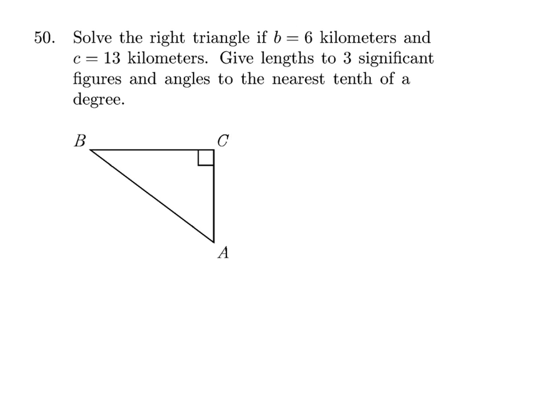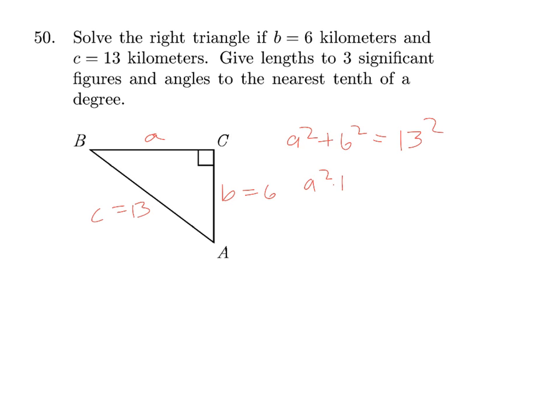Solve the right triangle. If B is equal to 6, and C is equal to 13, I've got to find all the missing parts. I'm going to figure out what lowercase a is. So I have a squared plus 6 squared is equal to 13 squared.